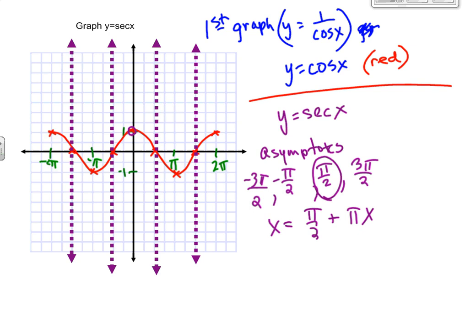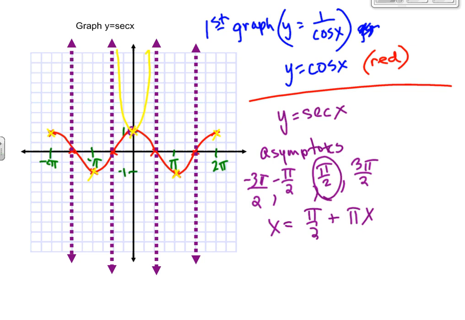And so maybe I'll graph this in yellow. I'll put an X there. Each of those minimums or maximums still have a value for secant, but then I'll start with this one.